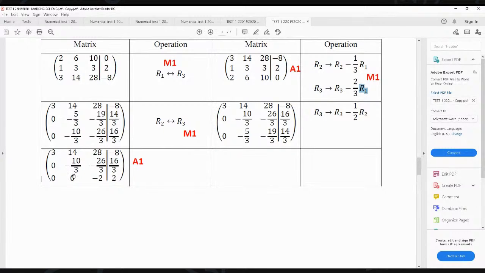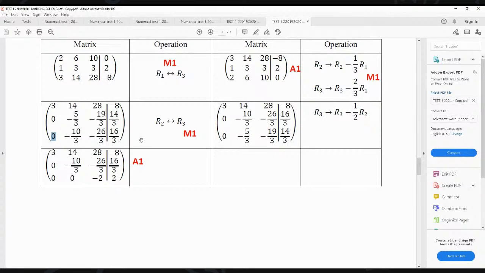You will get negative 10/3. So now, this is the first step: you need to make a21 and a31 zero by these 2 elementary row operations.